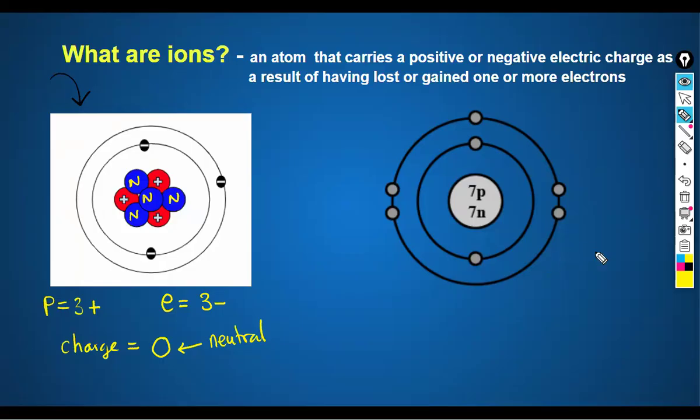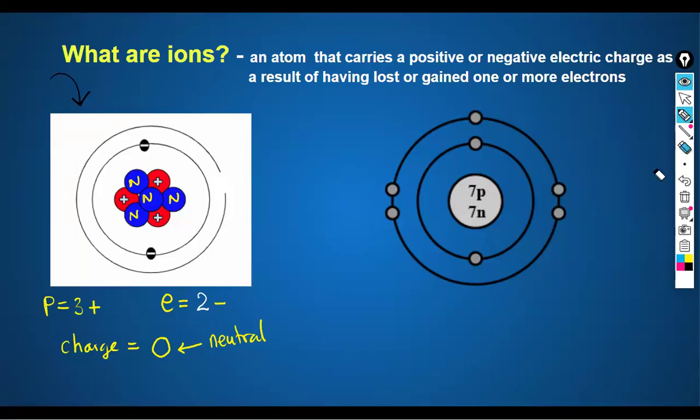However, let's just say a thief comes and he steals one of these electrons. What will happen now, right? You notice it's a different scenario. Now, it still has 3 protons, but how many electrons does it have? 2.